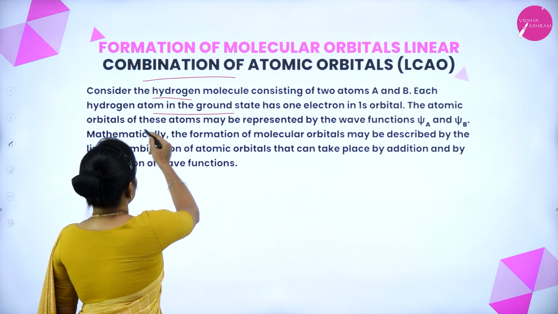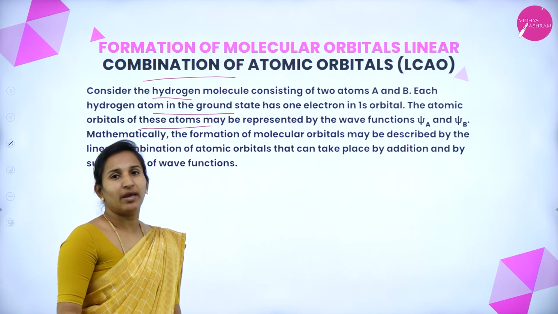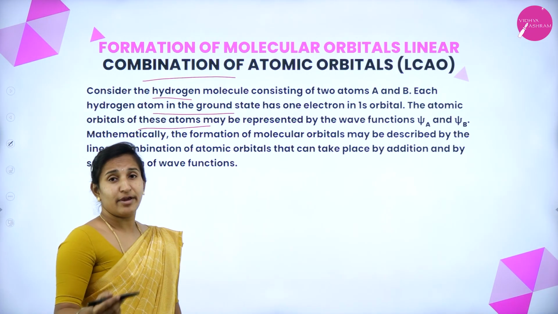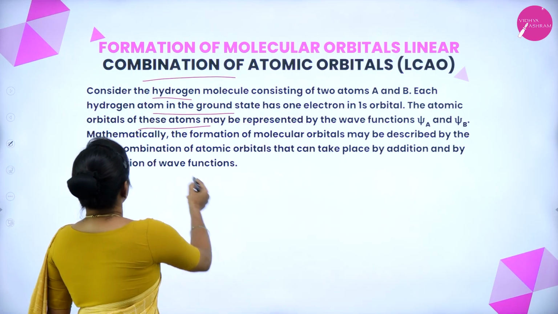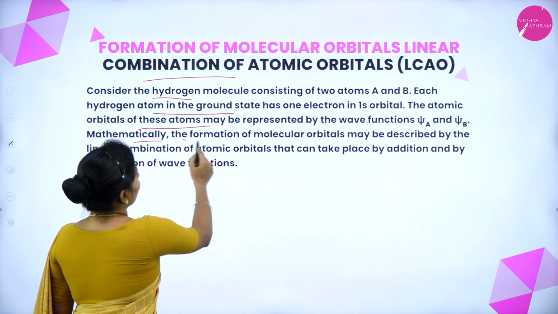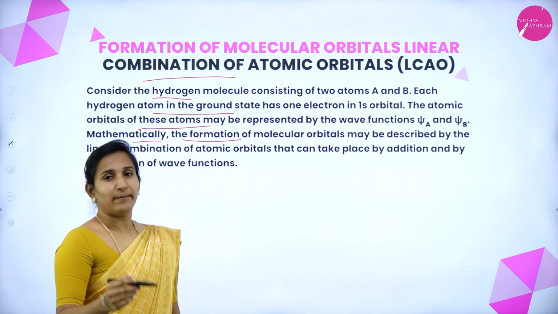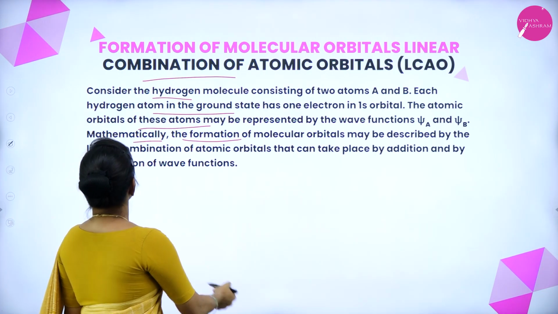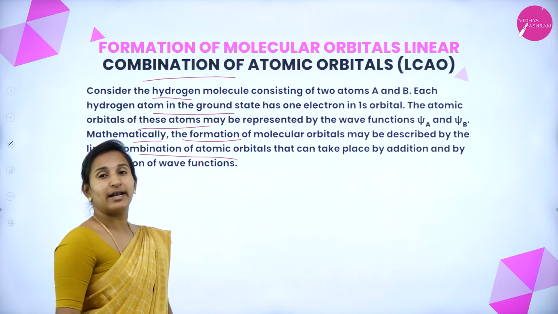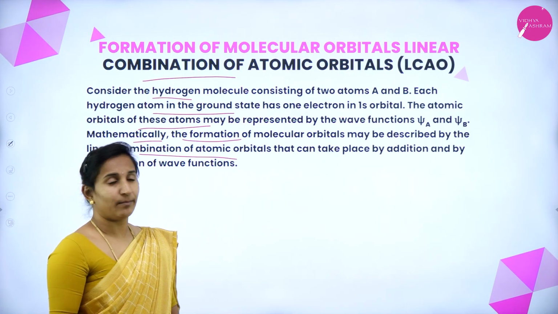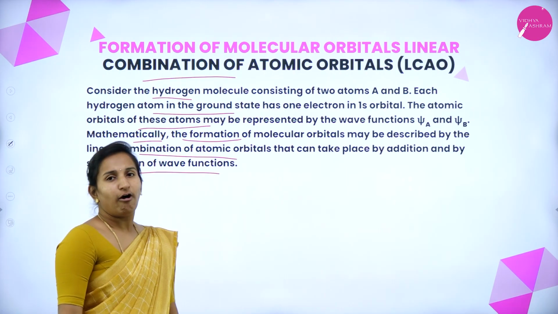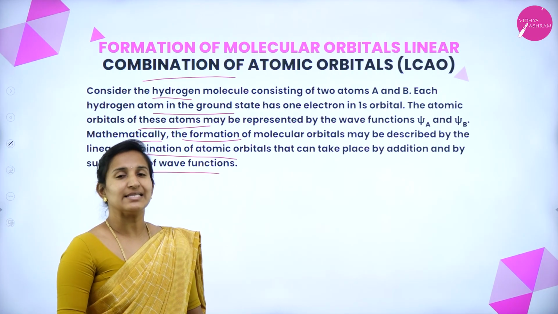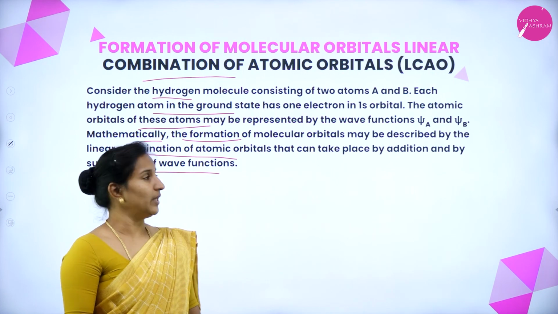The atomic orbitals of these atoms may be represented by the wave functions psi A and psi B. Mathematically, the formation of molecular orbitals may be described by the linear combination of atomic orbitals, taken by addition and by subtraction of wave functions, that is psi A minus psi B.